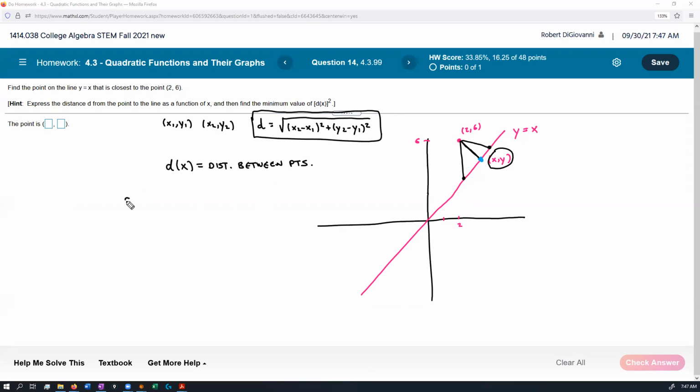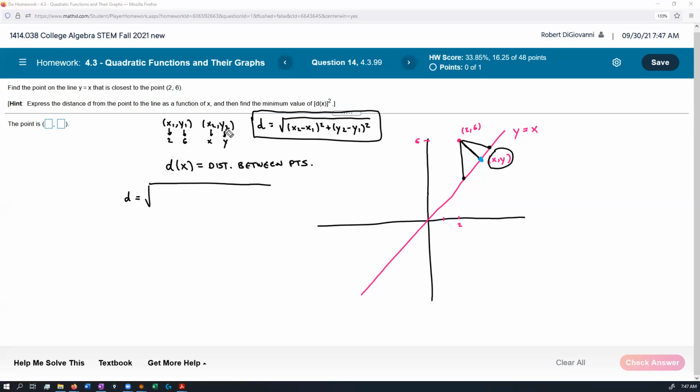So the distance for us between those two points is going to be the square root of, I'm going to replace (x1, y1) with the 2 and the 6, and (x2, y2) with the x and the y.